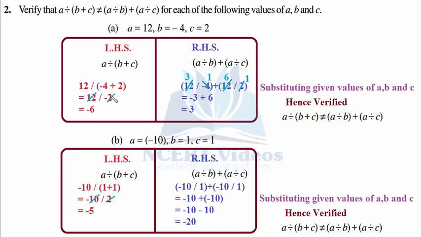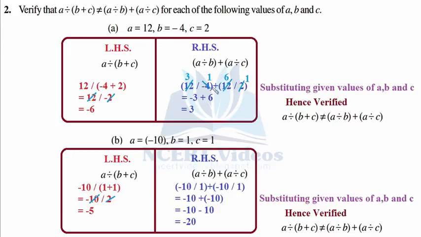So 2 ones are 2, 2 6s are 12, therefore minus 6 is your answer because here it was negative. So this was your left hand side solution. It came out to be minus 6. Now right hand side. Putting A as 12, B as minus 4 plus as it is, and within bracket A divided by C, that is 12 by 2.